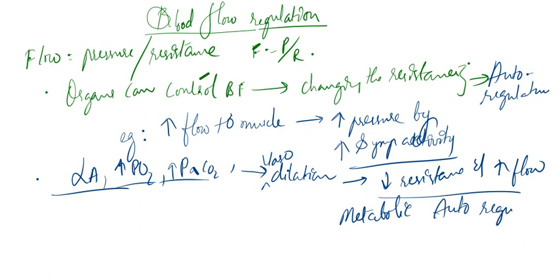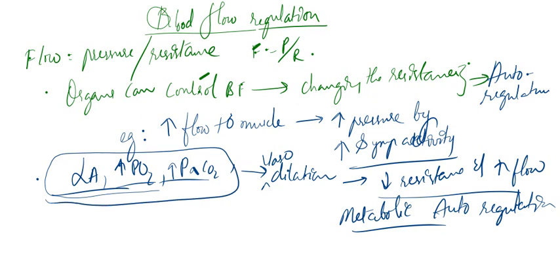Now you might ask me, why metabolic? Because here you're using metabolism-oriented components. You take lactic acid, oxygen partial pressure, carbon dioxide partial pressure, temperature, histamine, proton. These all are components of metabolism, right?